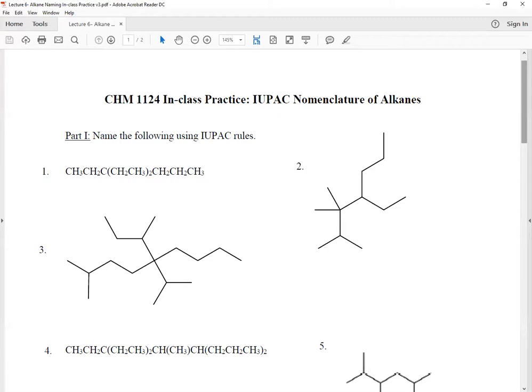So 5, 1-methylethyl, and then 5, 1-methylpropyl, and then it's a 9 carbon chain, nonane. So that's our final answer.